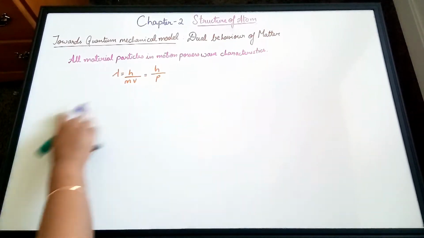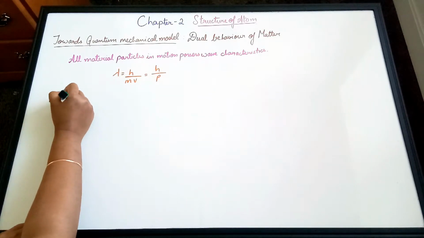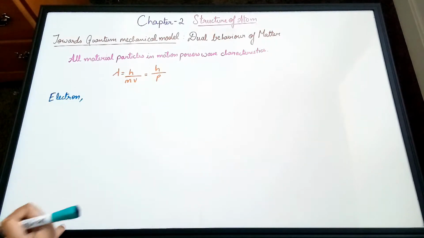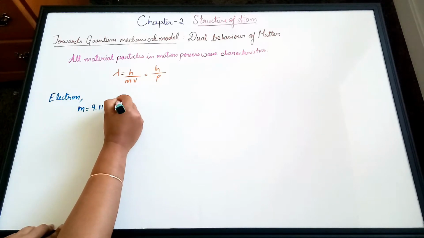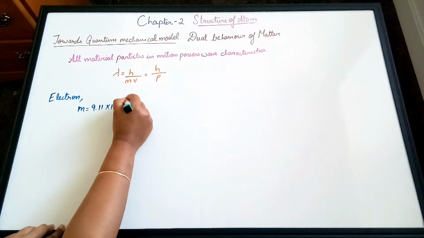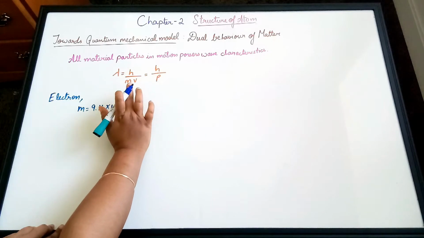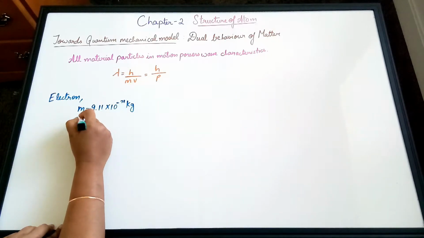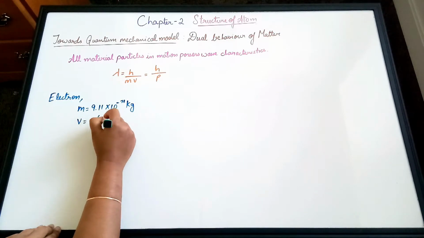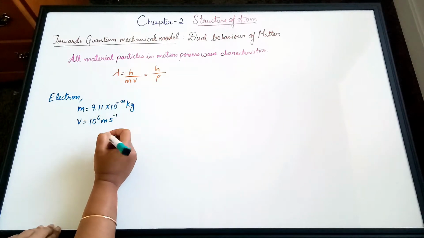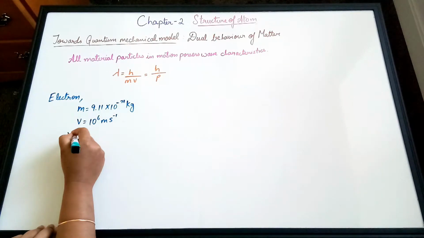So let's start. In case of an electron, we know that the mass of an electron equals 9.11 into 10 to the power minus 31 kilograms. We have the mass, we need the velocity. So velocity of this electron is assumed to be 10 to the power 6 meters per second. So we have the mass, we have the value of velocity, we know the Planck's constant, so we can calculate the wavelength.